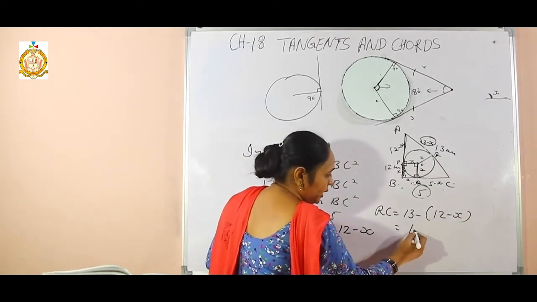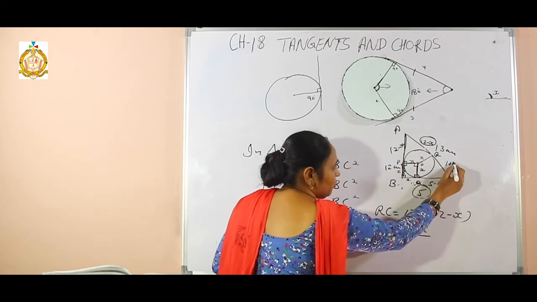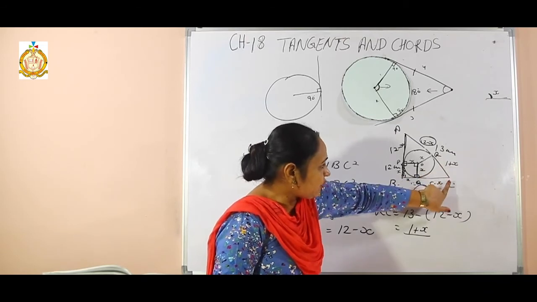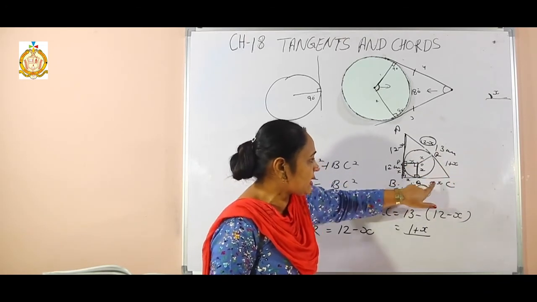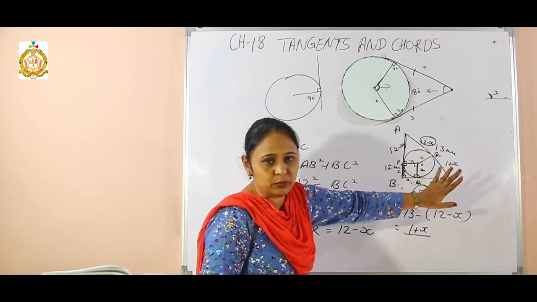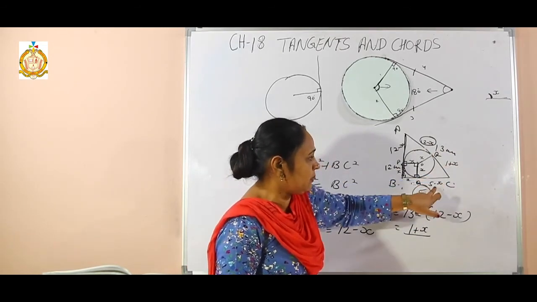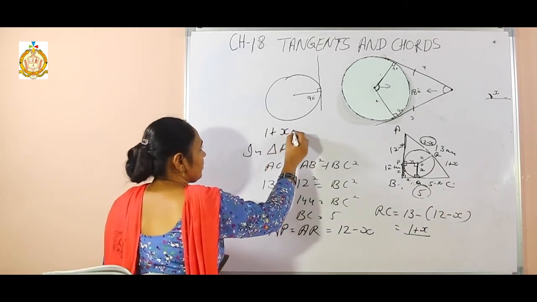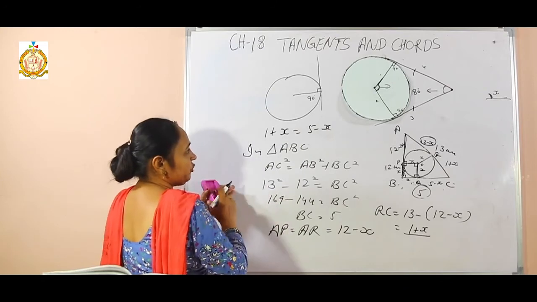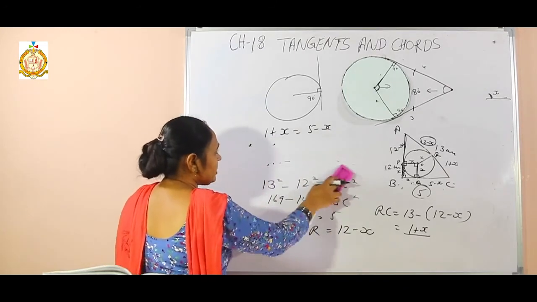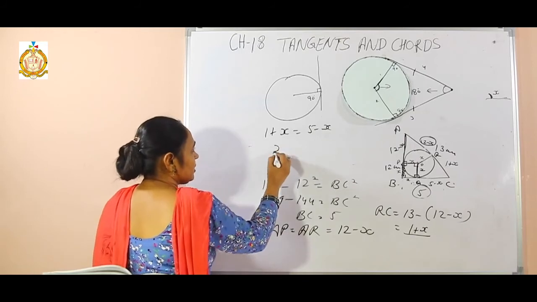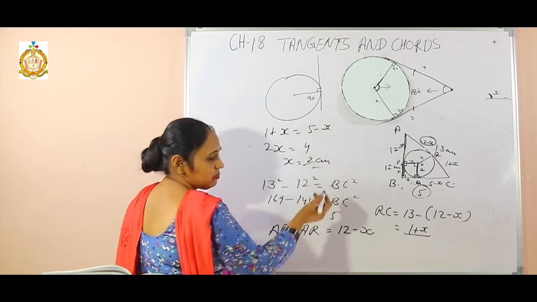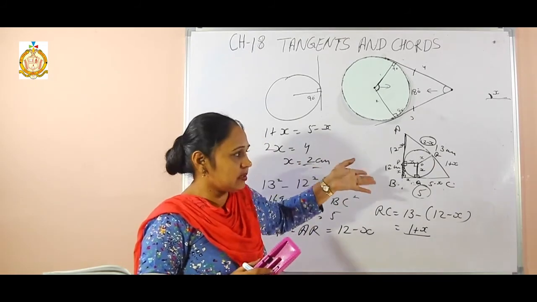It becomes 1 plus X. Now from point C, tangents are CR and CQ. These are also equal from the common point. It means 1 plus X will be equal to 5 minus X. I want to find the value of X. X comes to one side and 1 goes to the other side. X plus X becomes 2X, and it becomes 4. X becomes 2 centimeter, the radius of the circle.